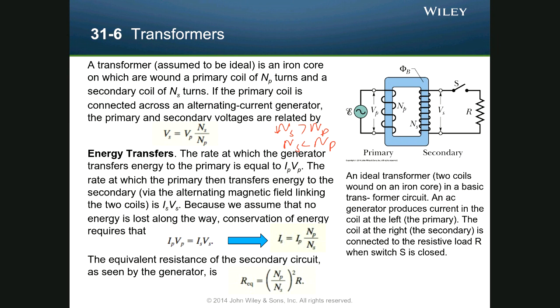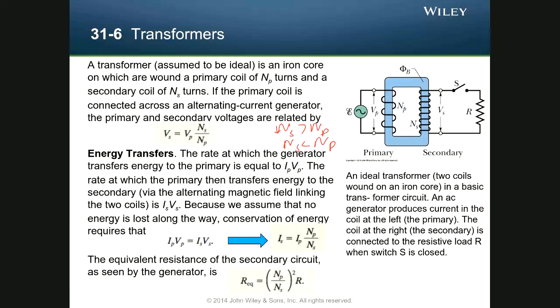So you can step up to a low current, high voltage circuit, and sometimes the voltages are in the millions of volts. You have tiny currents, so your thermal losses are much smaller, and you can transfer that power much more easily.